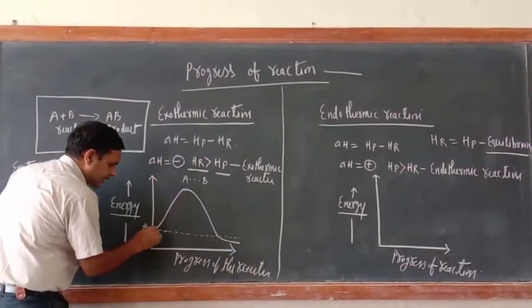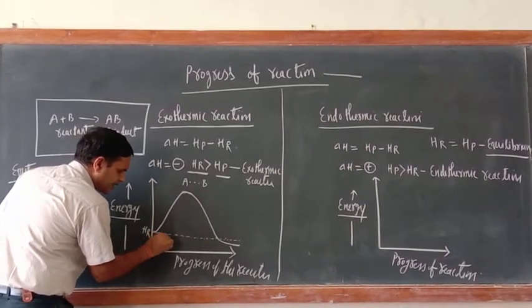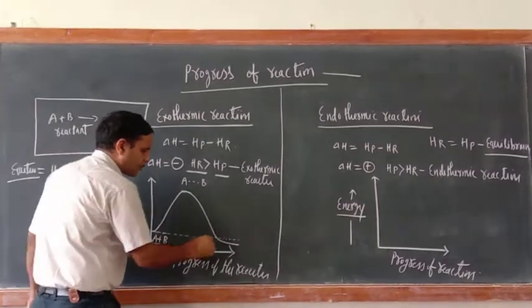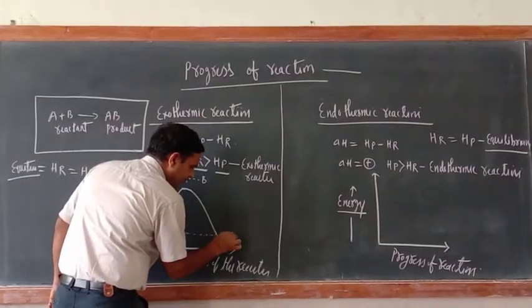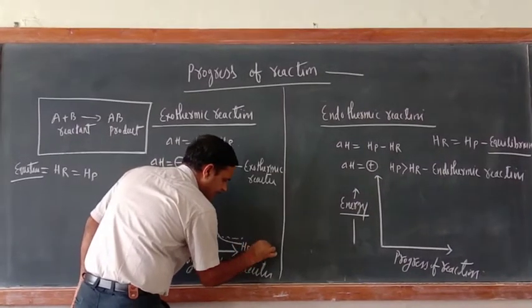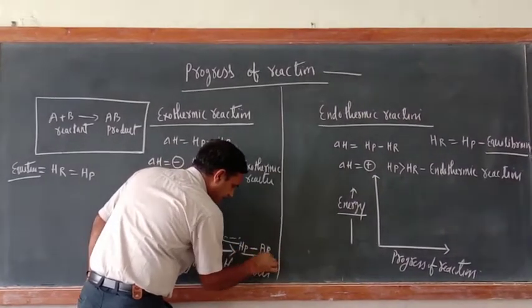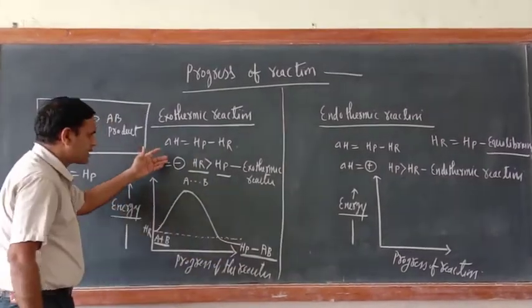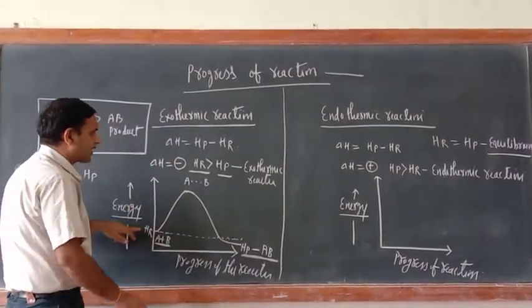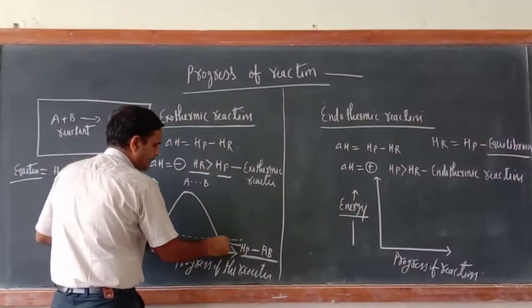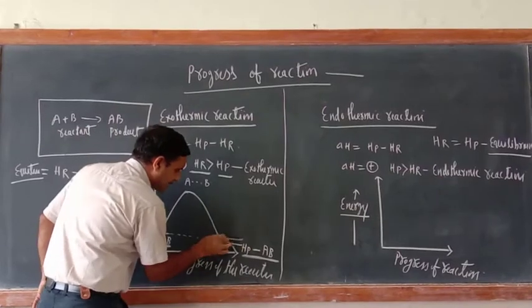And here the reactant was A plus B. And here is Hp, meaning the product. What is the product here? AB is the product. Now you can see in this graph that the reactant energy is more than that of the product. So Hp is here, and that much difference is there.